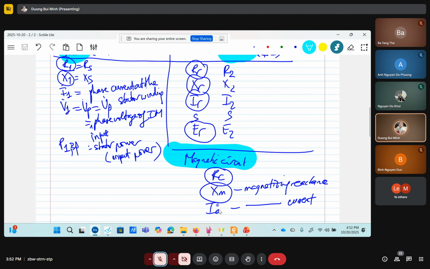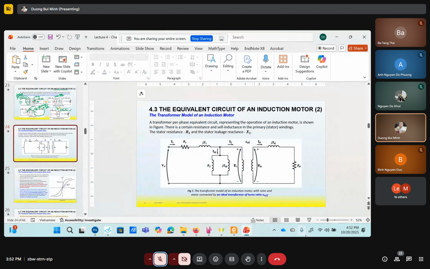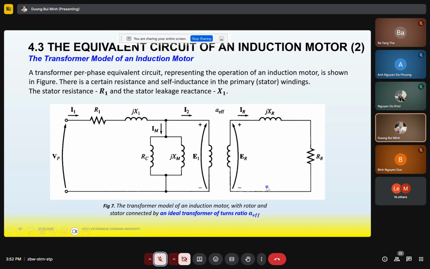Okay, so coming back. Here you can see we have I1, the stator current. This is per phase, a per-phase equivalent circuit. For a three-phase induction motor, we have three equivalent circuits, for phase A, phase B and phase C respectively.